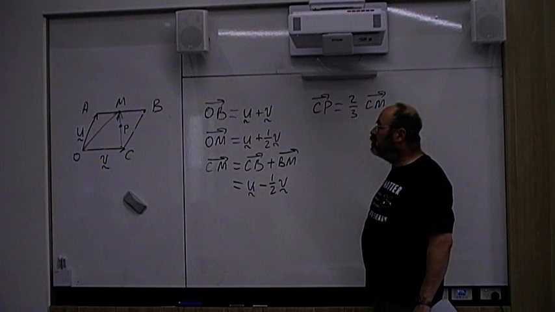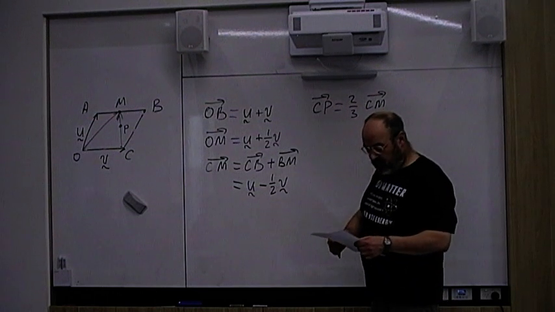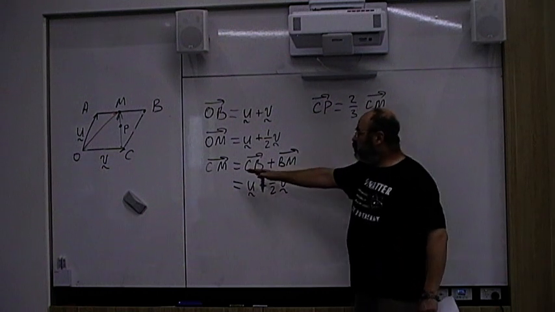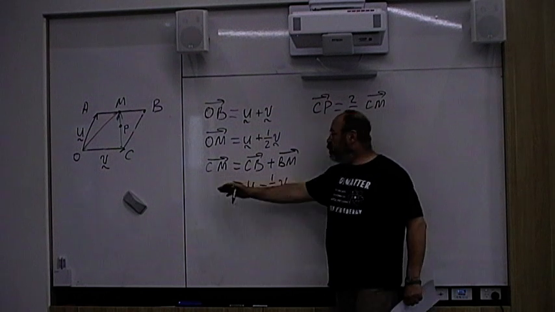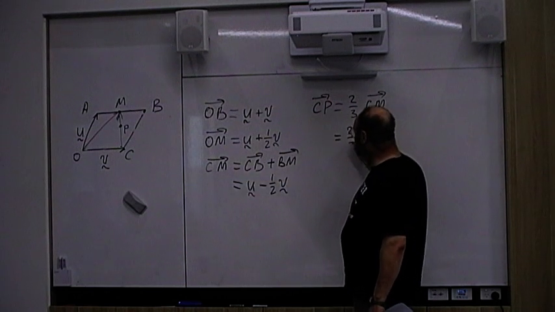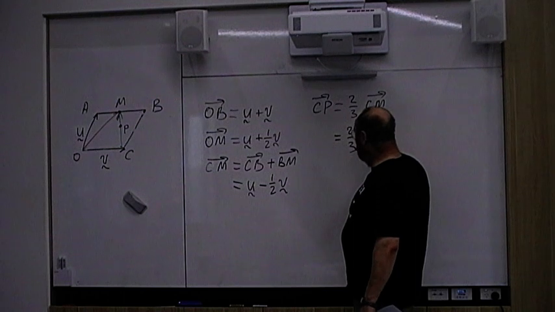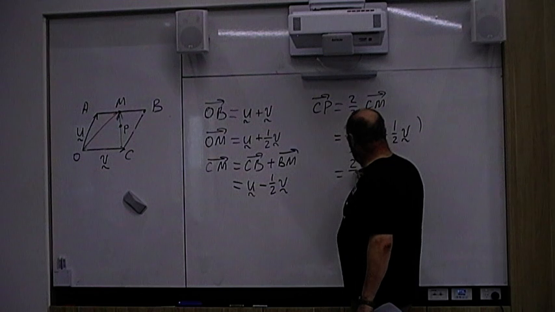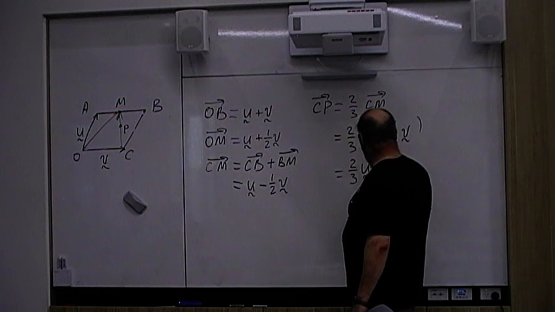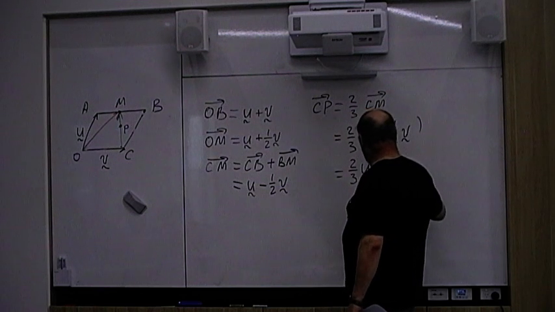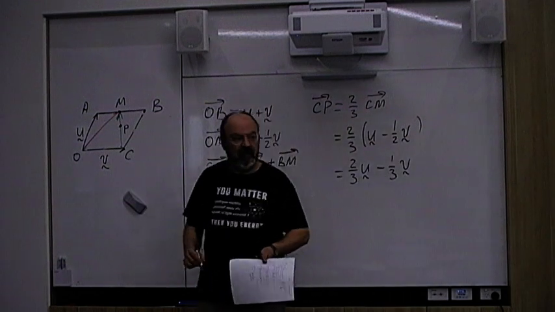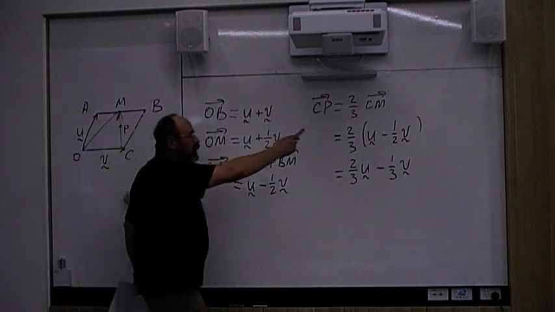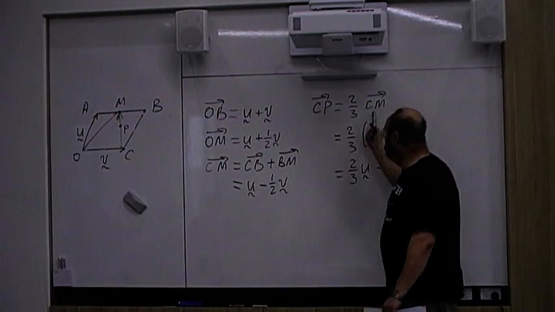CP is 2/3 of CM, and we just found CM, so it will be 2/3 times (U minus 1/2 V), which equals 2/3 U minus 1/3 V. Yes, we already found CM, so we just substitute it here.